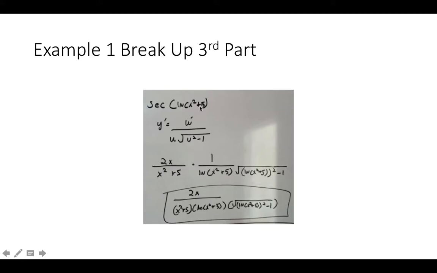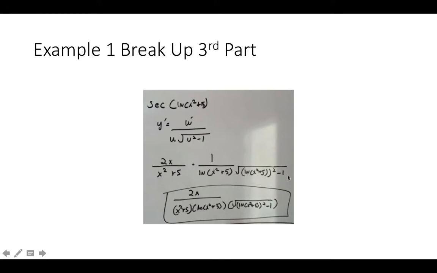So what is the derivative of ln of x squared plus 5? It's 2x in the numerator, and then x squared plus 5 on the bottom. That is the derivative of this. Then we put our u in, which is ln of x squared plus 5, and the square root of u squared minus 1 is this over here.